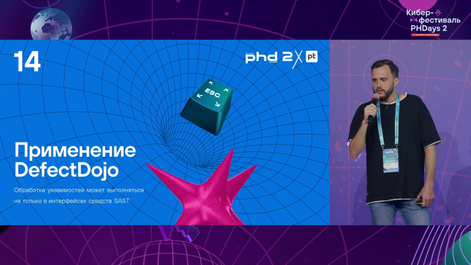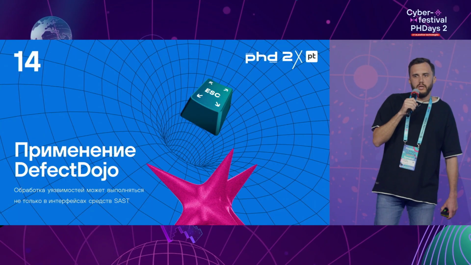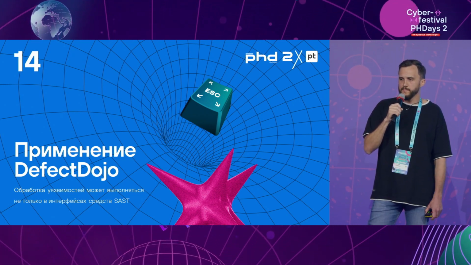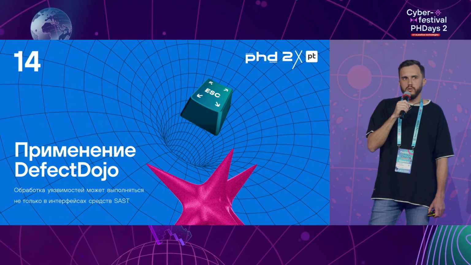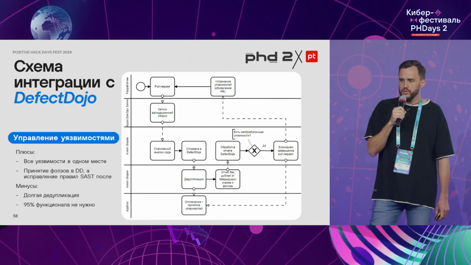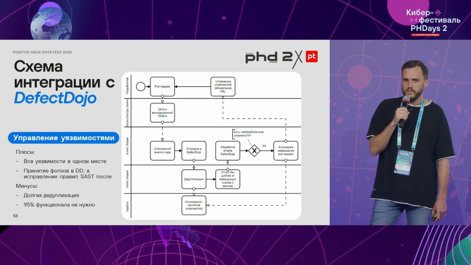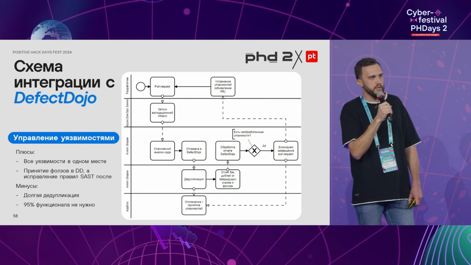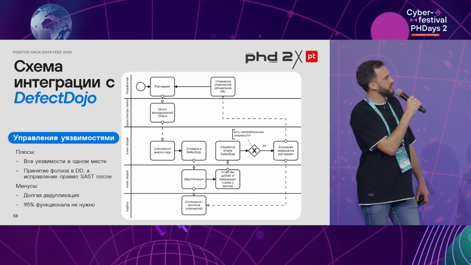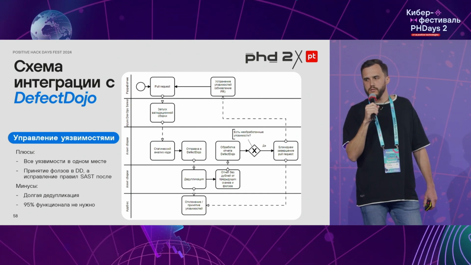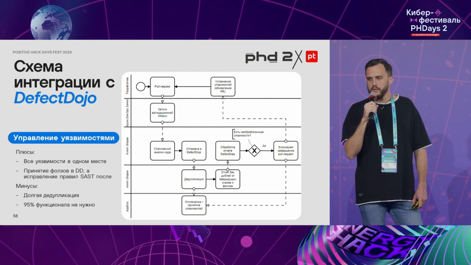In our experience, we tried to use DefectDojo. In our test, we tried DefectDojo, and it didn't work out. Our intention was as follows. When static code analysis was required, we would send the defects to DefectDojo.